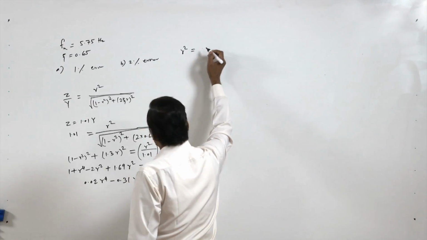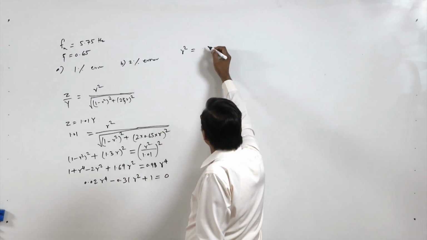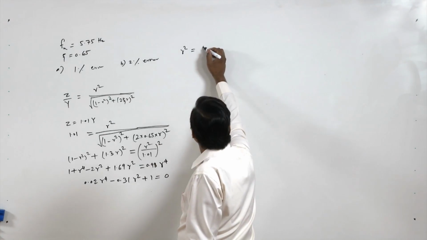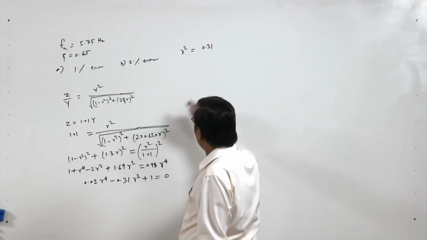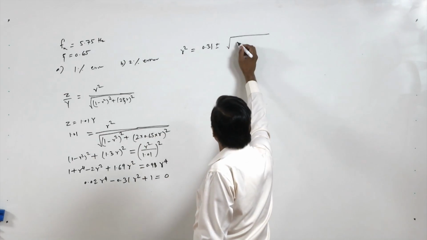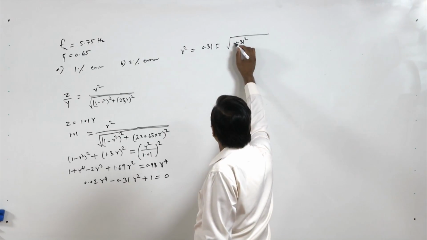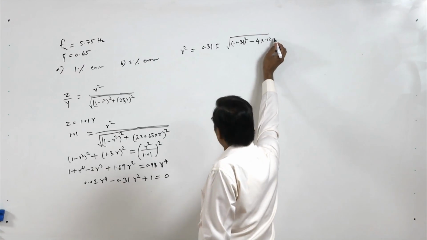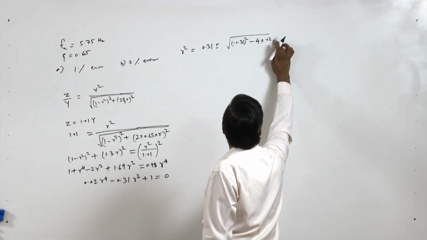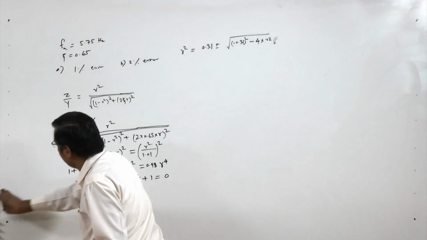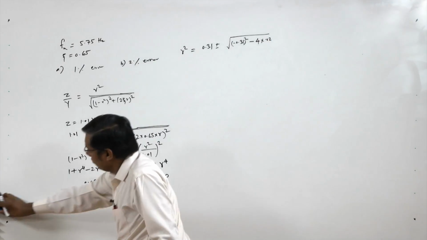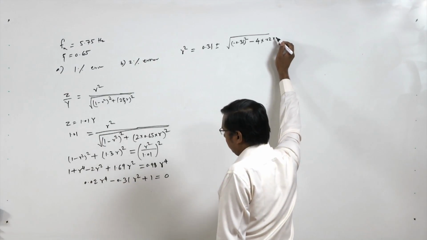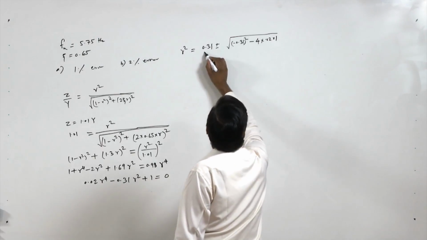So r square equals minus b plus minus under root b square minus 4ac, by 2a. So minus b is 0.31, plus minus under root b square minus 4 into a into c, by 2a.